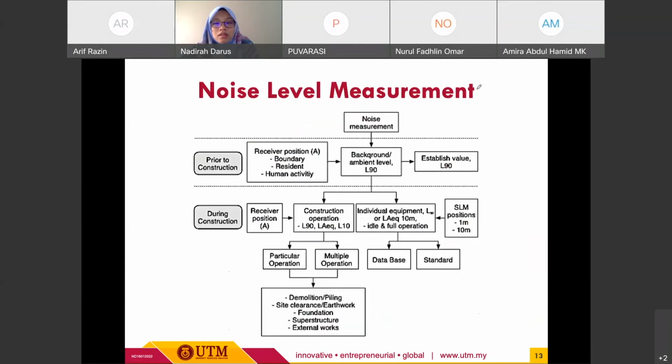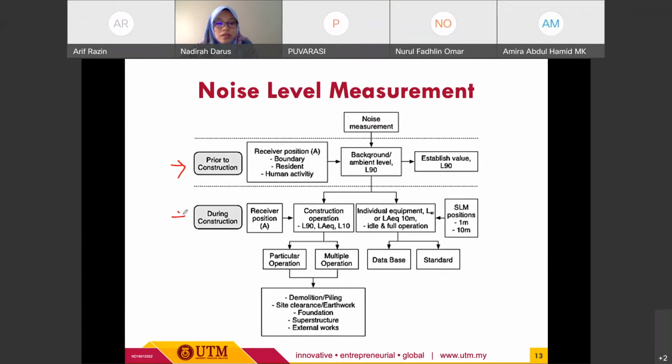So in terms of noise level measurement, what are the requirements that we need to know in order to conduct the measurement? It is basically classified into two stages. First, prior to construction activities, meaning before construction starts, especially during the planning stage.